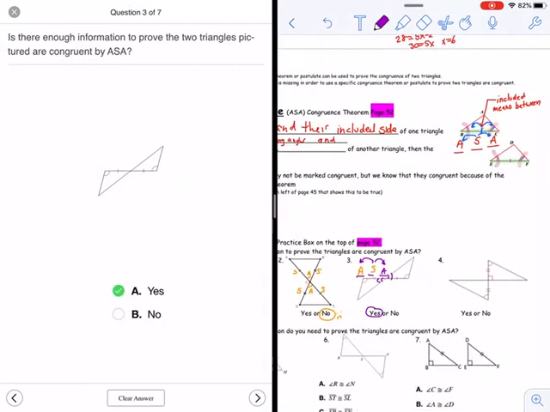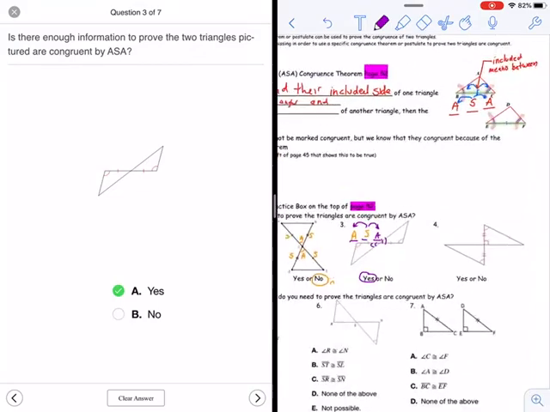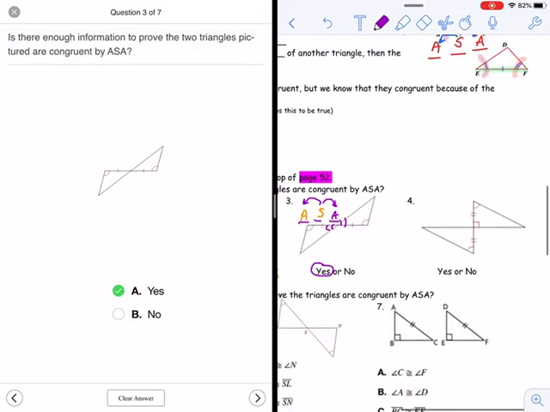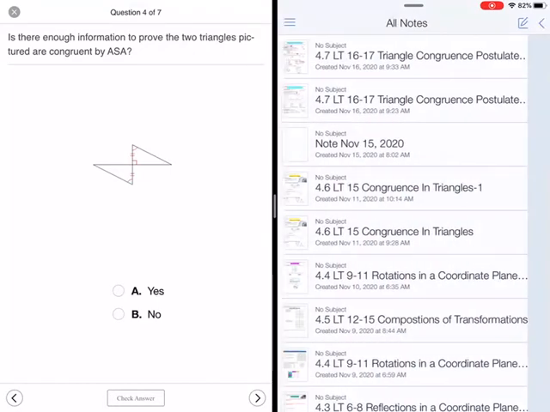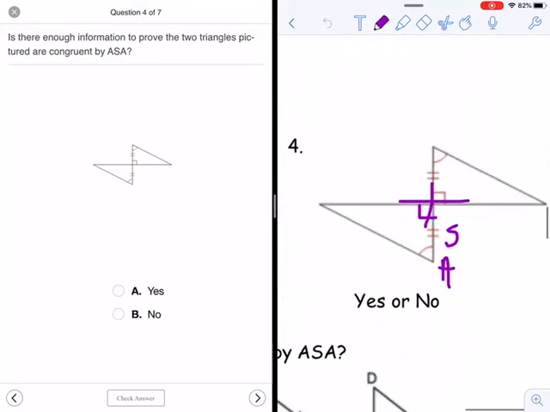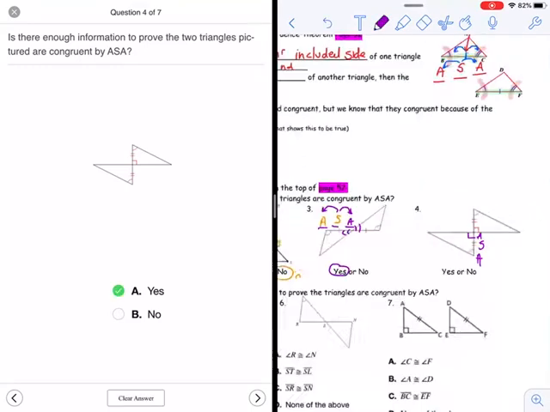Here, ooh, what a doozy. This is basically the same thing. Again, see how 3 and 4 are basically the same problem. It's all about repetition. We have an angle, we have a side. This is another right angle. Why? We have these vertical angles right here. I did a bad job of drawing that, but we have another angle, so this one would be yes.